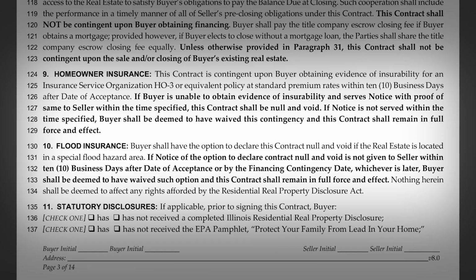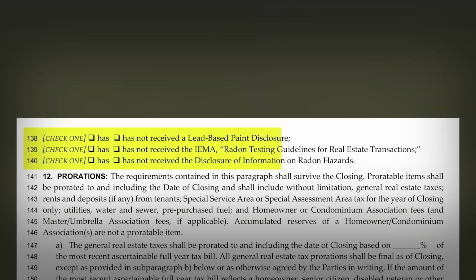When we go into page 4 and they start talking about disclosures, well, the bottom of page 3 actually, and then on to page 4, nothing's changed there about the disclosures. I would say 85% of the people do put the disclosures in the MLS.